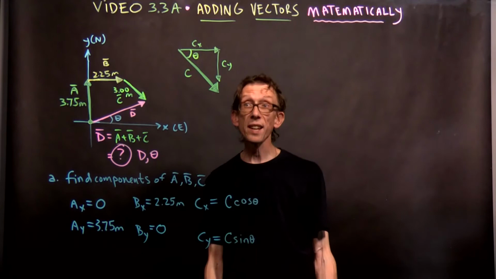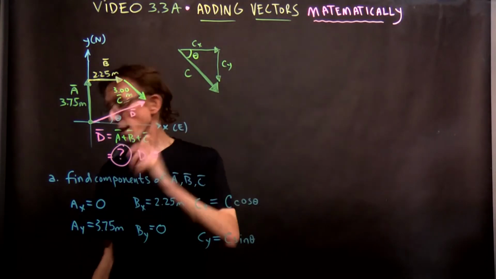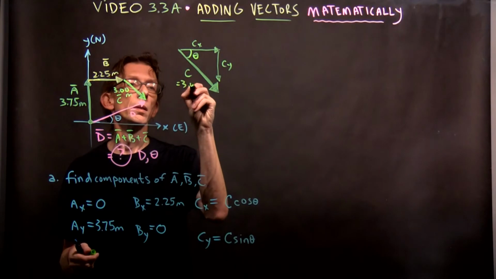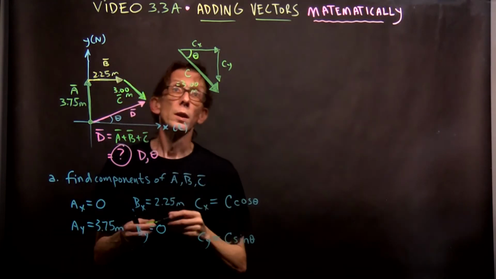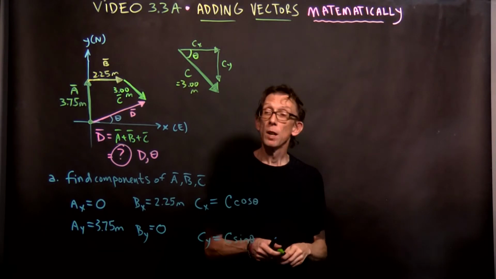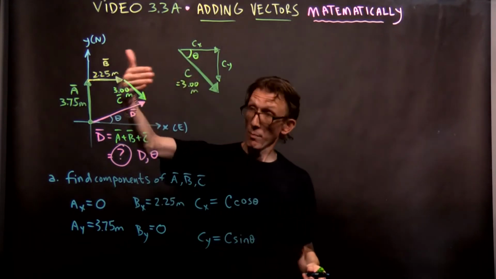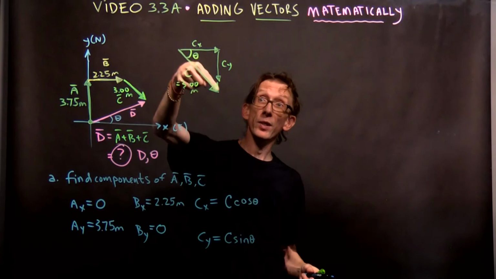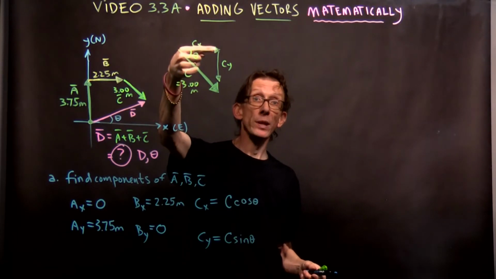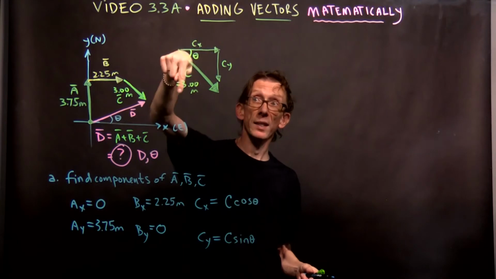Now we know what C is equal to. C is equal to 3 meters. Do we know what theta is? Well, this vector here, C, points directly to the southeast. So it's midway between the positive x-axis and the negative y-axis.